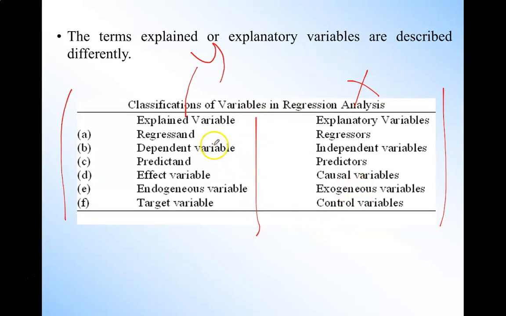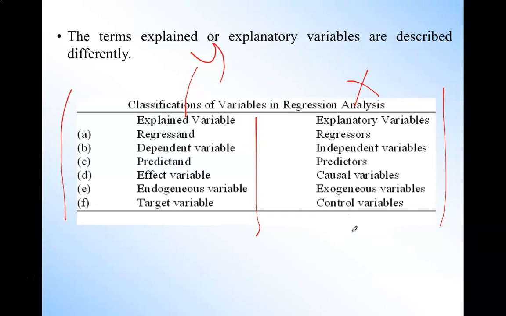Y can be called regressand, dependent variable, predictand, effect variable, endogenous variable, target variable. X can be called regressor, independent variable, predictor, causal variable, exogenous variable, control variable. And y is the target variable, what you want to target.